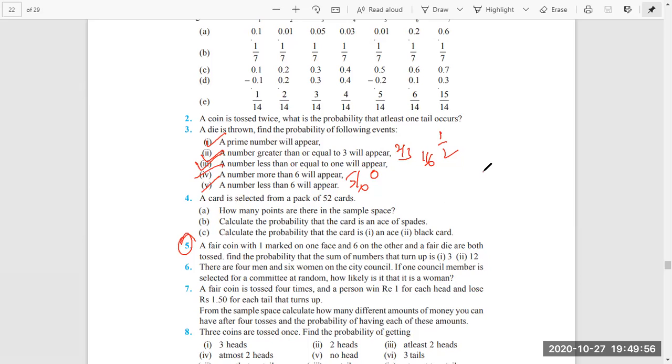Oh, sorry, it's a coin. On one side it is 1 and on the other side it is 6, okay?